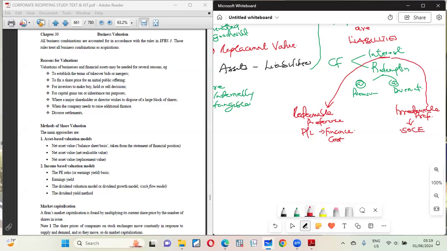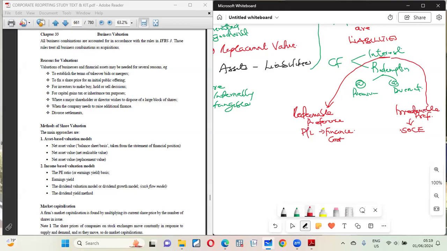So if you want the value of the company per share, you need to divide it by the total number of ordinary shares in issue. So the value of a company per share is the value of that company divided by its number of shares.